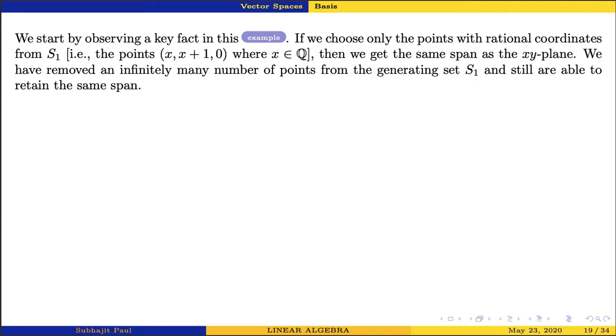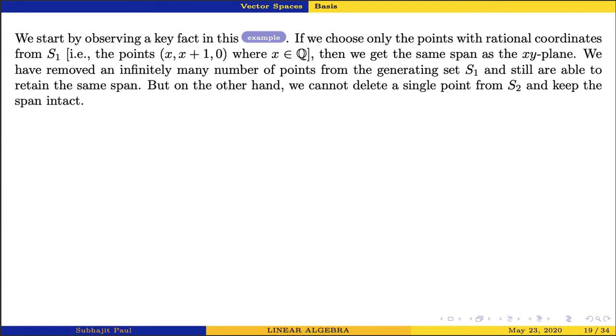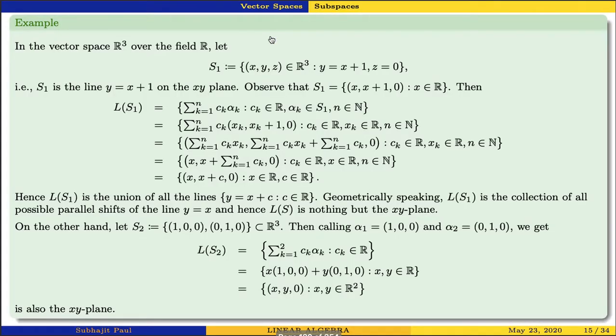But on the other hand, we cannot delete a single point from S2 and keep the span intact, right? What was S2? The unit vector along the x-axis and the unit vector along the y-axis. We cannot remove any single point from this one and retain the same span.